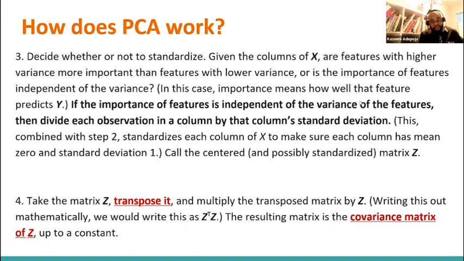Given a column of X, a feature with a high variance may be more important than features with a lower variance. If you look at your data and you realize that features with high variance are more important than features with lower variance, then in that situation, you may want to not standardize. But I'm going to tell you, in general, standardize.